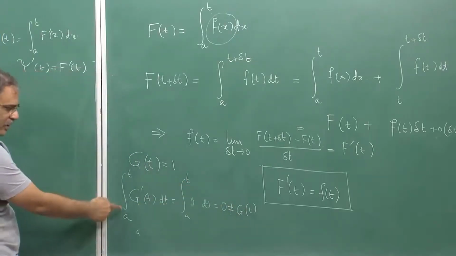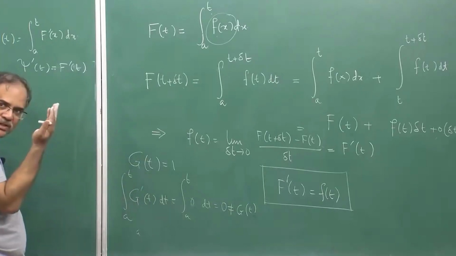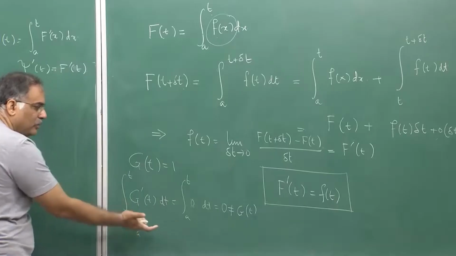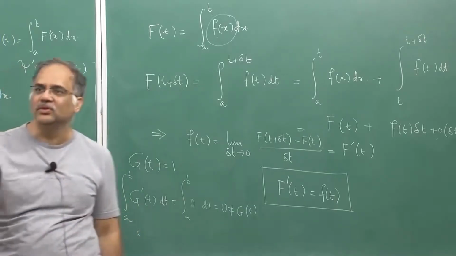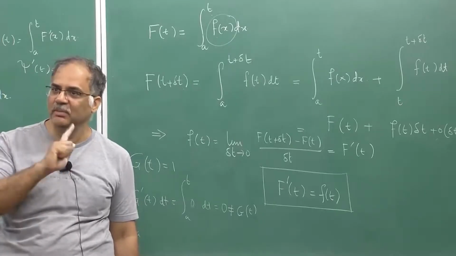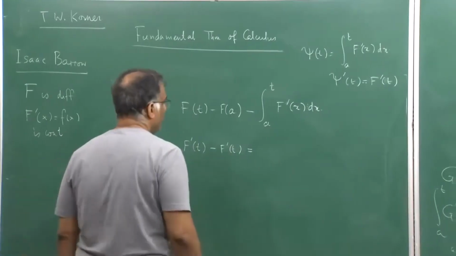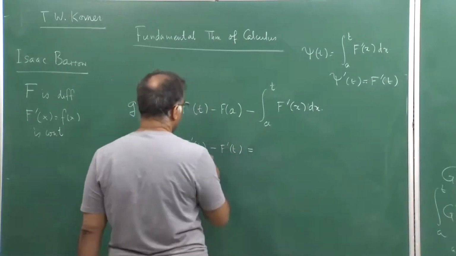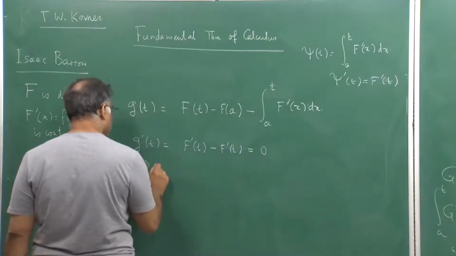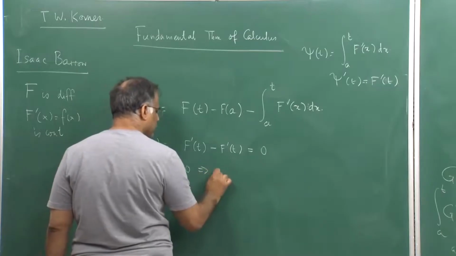But if you actually integrate it out, because the derivative of this is continuous, it is 0, then if you actually differentiate this function, it will give you g dash t, and g dash t is 0. So that matches, right? So this is something we have to be very, very careful about. So this implies g dash t is 0, and it implies that g(t) is constant.